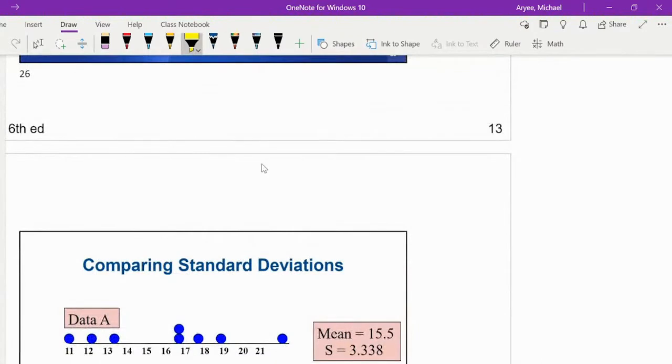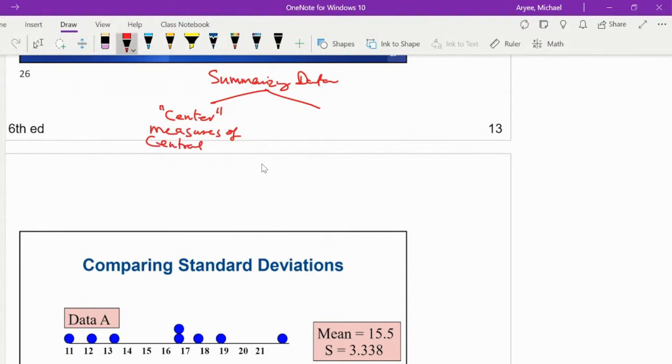All right, so far we have been looking at summarizing data. We said that we could summarize data using the center, and we learned about measures of central tendency.